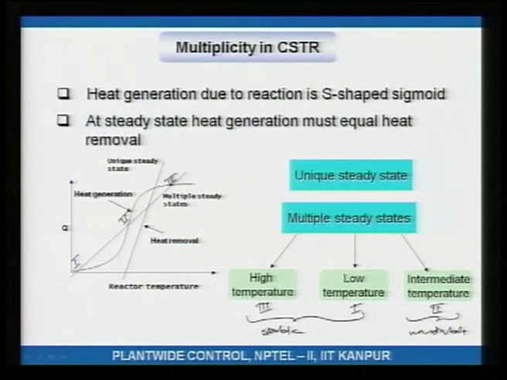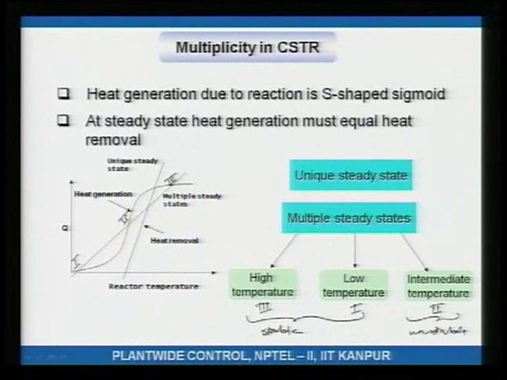Similarly, if the reactor temperature decreases, it will continue to decrease and you will end up at steady state 1. So, steady state 2 is open loop unstable. If you do nothing, the temperature is bound to deviate to the high temperature steady state or the low temperature steady state.